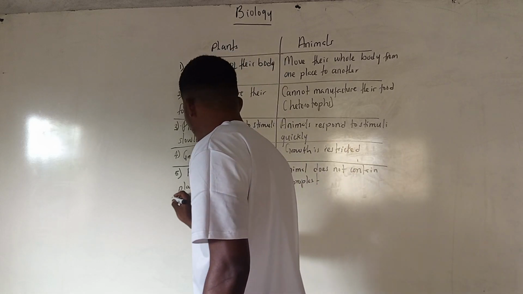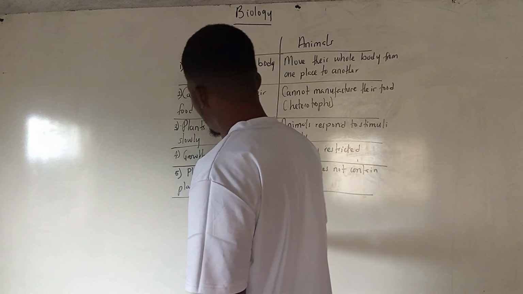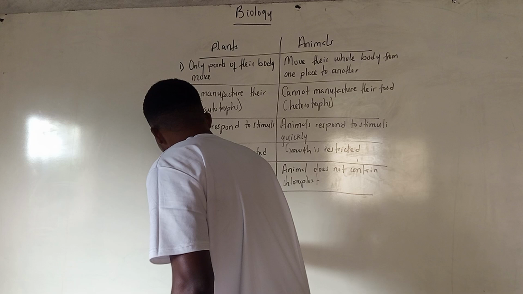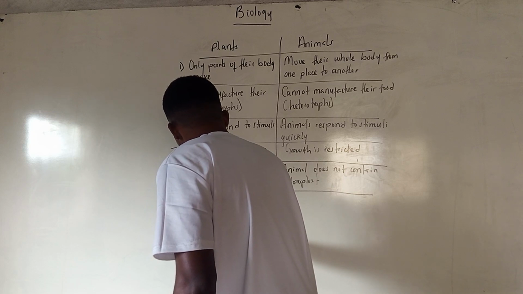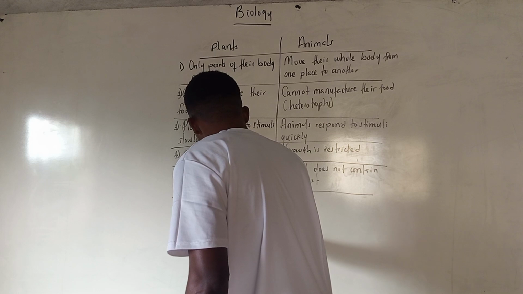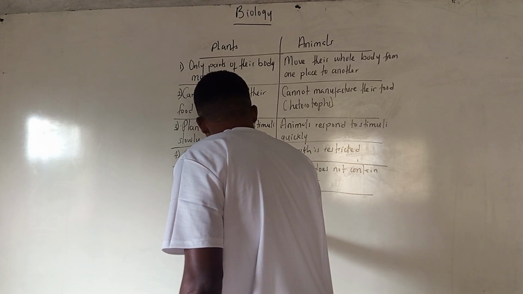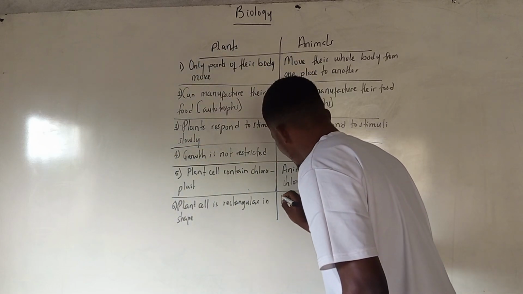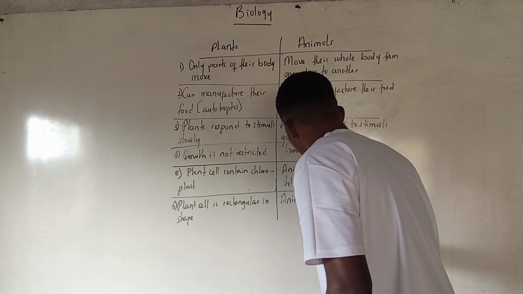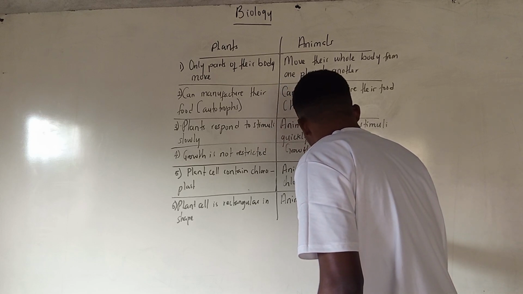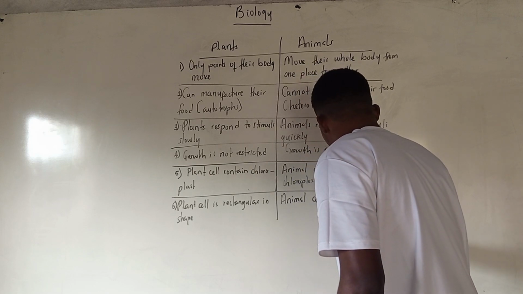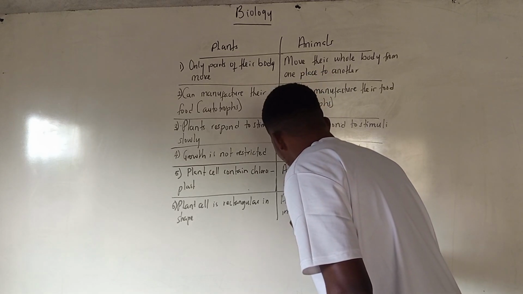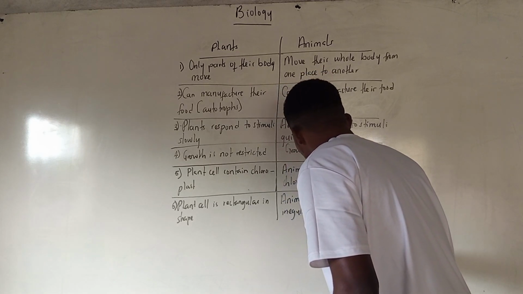We can also go ahead to say that the plant cell is rectangular in shape, while the animal cell is spherical or irregular in shape.